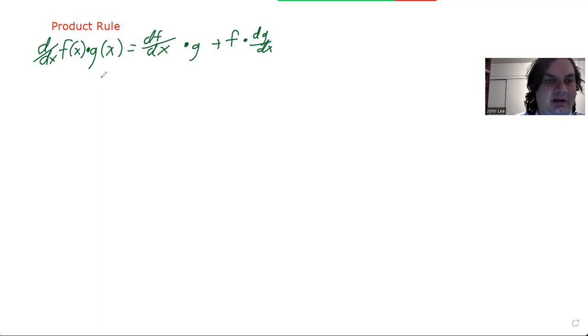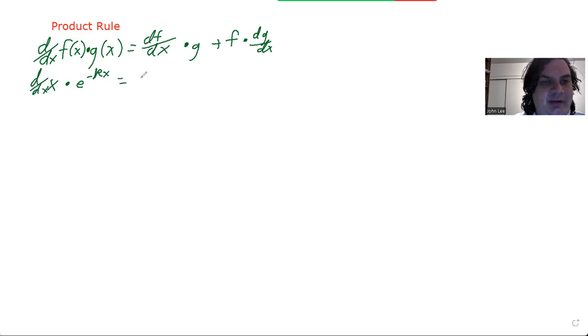If this is pretty simple, what we could do is just x times e to the negative kx, and then take the derivative of that.